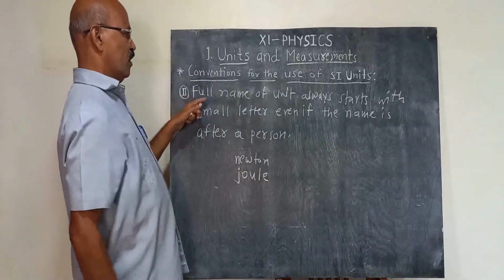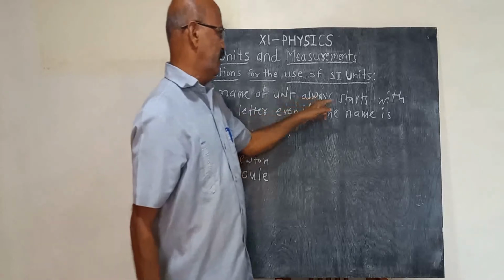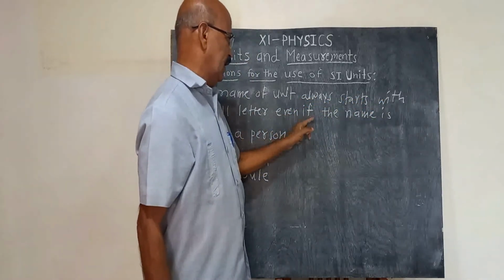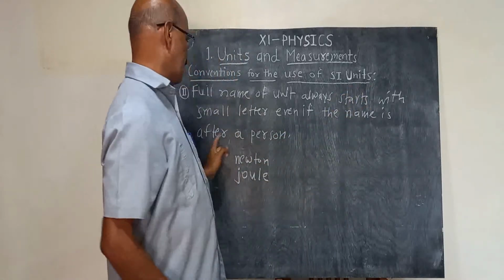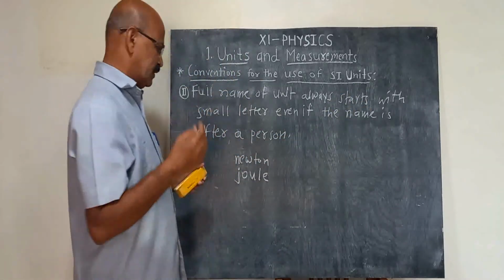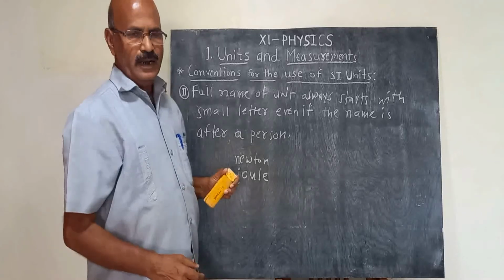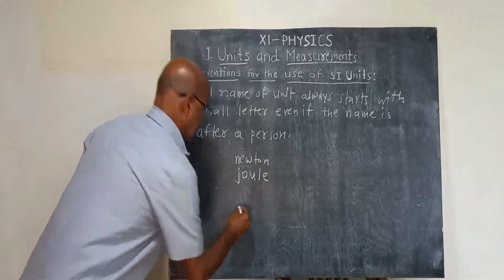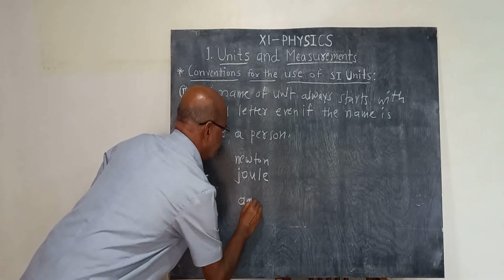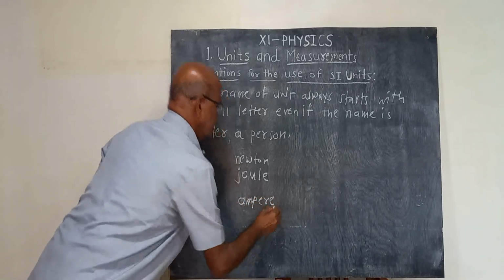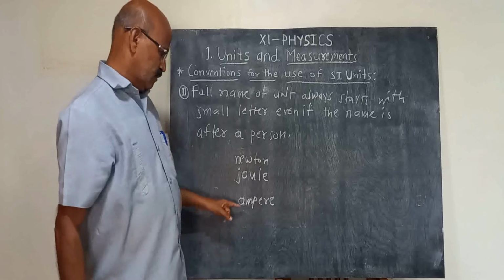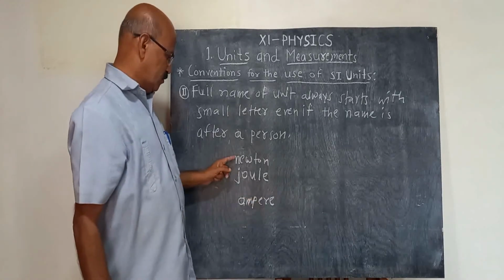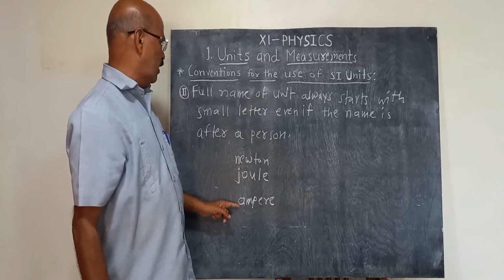So the full name of a unit always starts with a small letter even if the name is after a person. Another example is electric current. The SI unit of electric current is ampere, written like this: ampere. So the starting letter is a small letter.